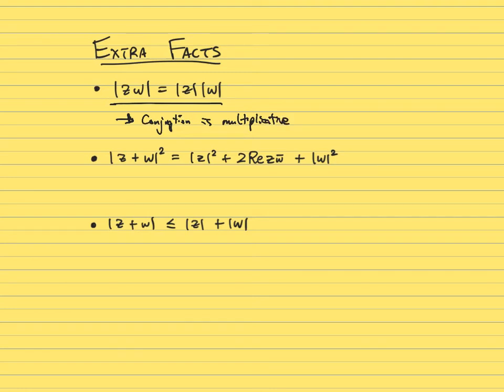So since we have that |zw| squared is equal to zw times its conjugate, and since conjugation is multiplicative and complex multiplication is commutative, you can rearrange this into z z bar, w w bar, so no big deal.